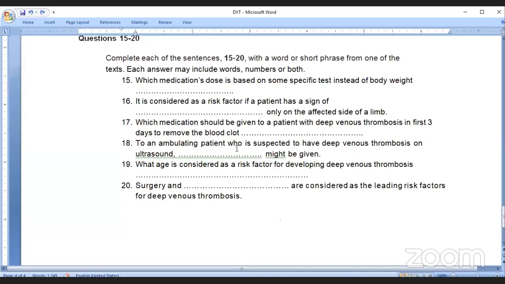To an ambulating patient who is suspected to have deep venous thrombosis on ultrasound, dash might be given. In which text can you find this answer? In C?